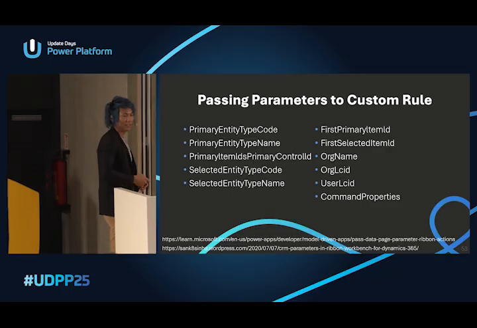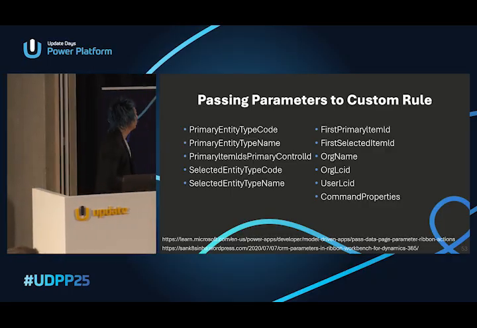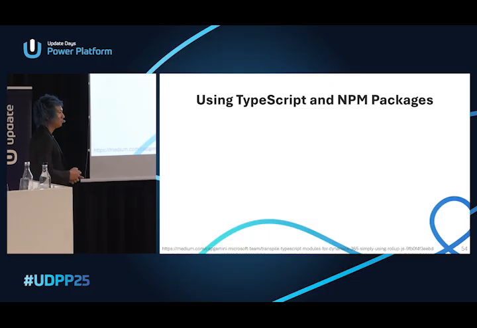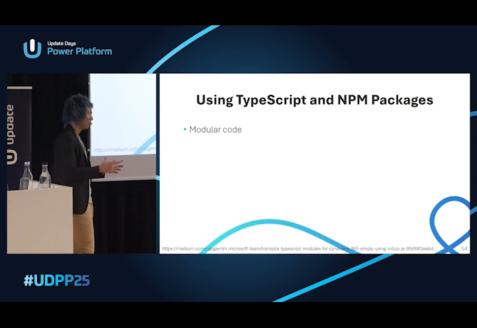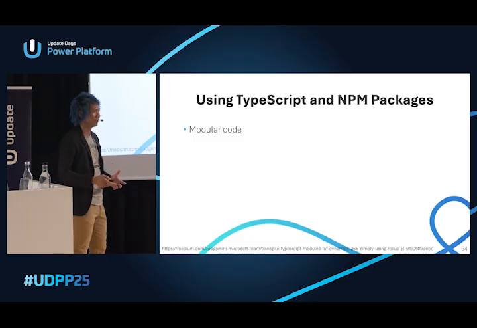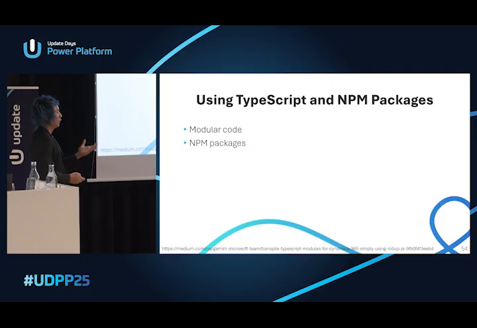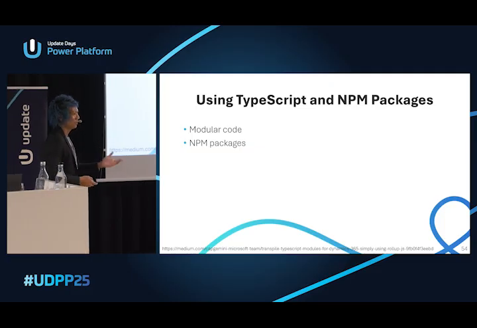Another thing that I learned not too long ago: when we use TypeScript, we can use NPM packages. For example, in TypeScript, we have a common module that we want to reuse across different scripts. So we can have it modularly, and you can even use third-party NPM packages.